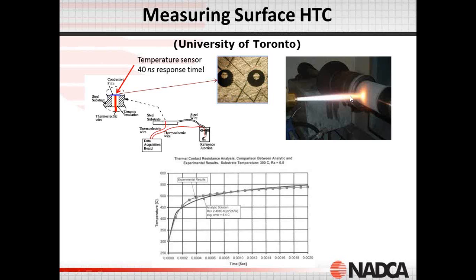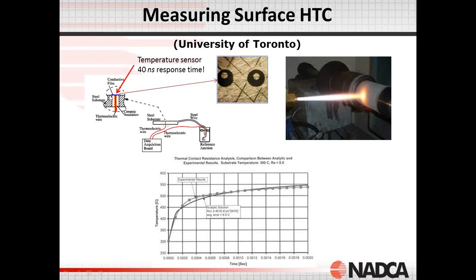It melts and collides with the surface and freezes very rapidly. The powder is in the order of micrometers in diameter, and the impact and solidification occurs within microseconds. So they were interested in heat transfer within time scales of microseconds, and they concluded that they must be able to measure that heat transfer coefficient at the surface.